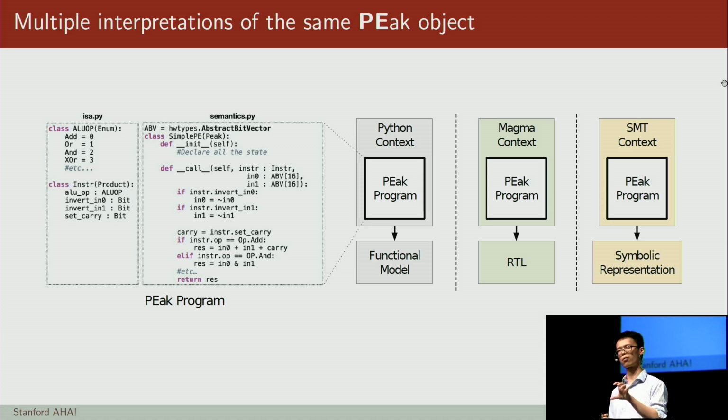But if you evaluate the same program in Magma context, you can produce RTL. Magma is the hardware generation framework we have for Peak. Because Peak has formal semantics, if you evaluate Peak in the SMT context, you can derive the symbolic representations we can use for generating mapper rules. This is just an example to show you how a DSL can be used as a single source of truth.